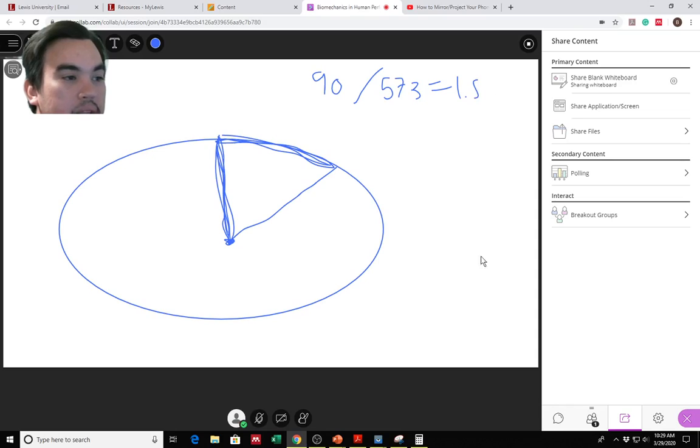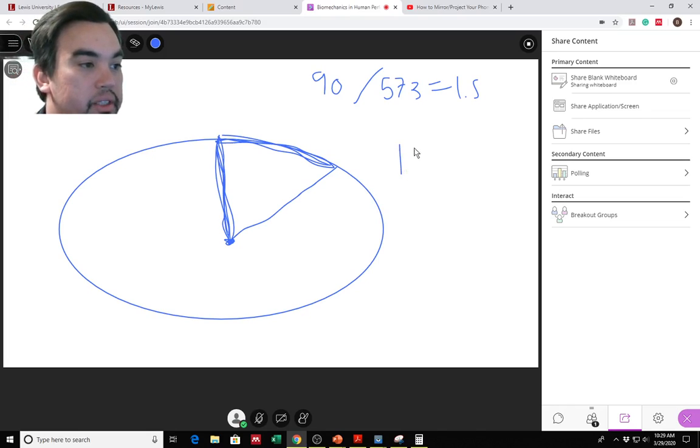Now let's take it the other way: I have radians, and I'm trying to turn that into degrees. If I have 1.5 radians, I'm going to multiply that by 57.3, and that's going to give me 90 degrees.